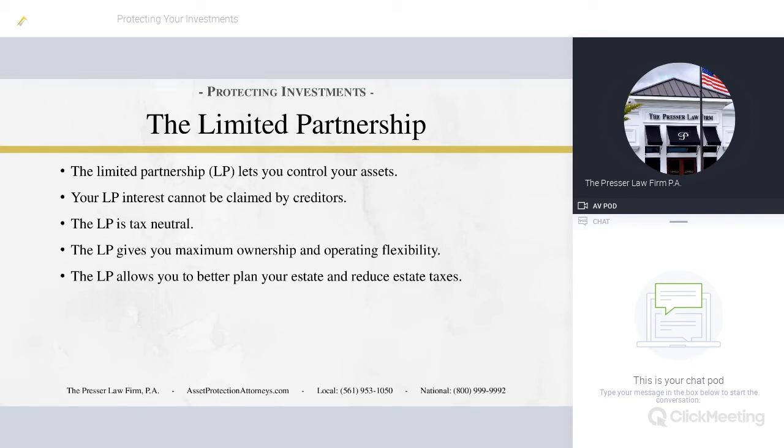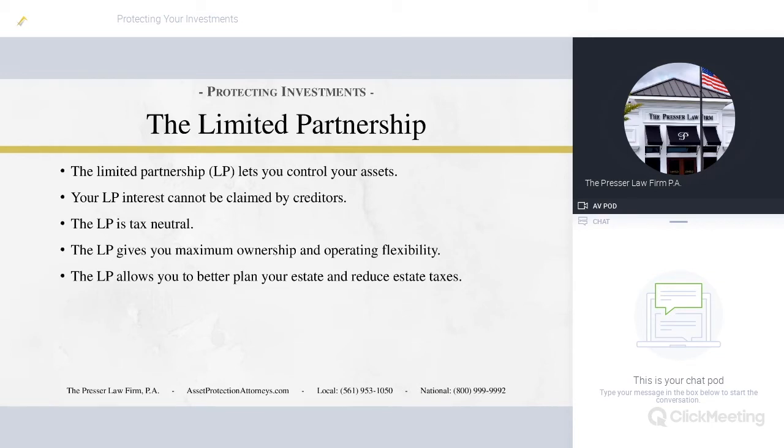So the partnership will file a tax return. It'll file generally a 1065 partnership return, but there'll be no tax at the partnership level. So the assets inside the limited partnership are protected from the limited partner's creditors, and there's no extra tax associated with the ownership in that partnership.